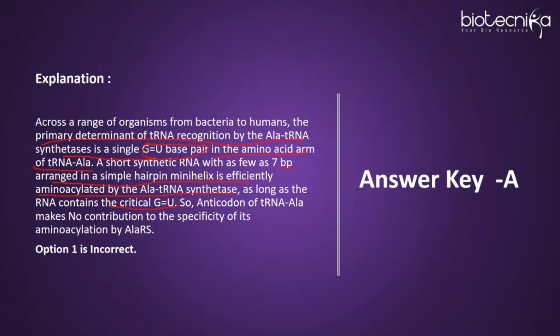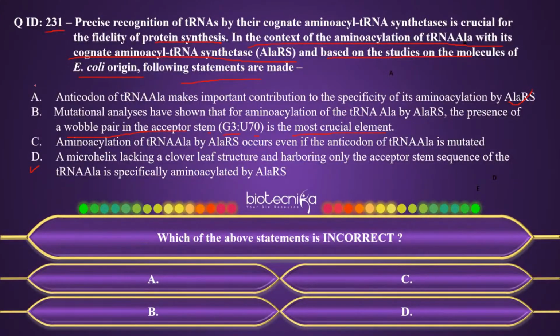So the anticodon of tRNA alanine makes no contribution to the specificity of its amino acylation by alanine RS. It is not responsible for the specification. So there is no contribution. So this particular option, option A, is the incorrect one here. Whoever has marked option A has marked it right.